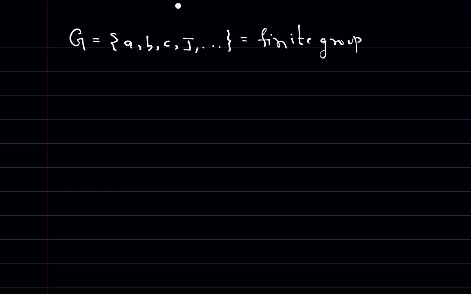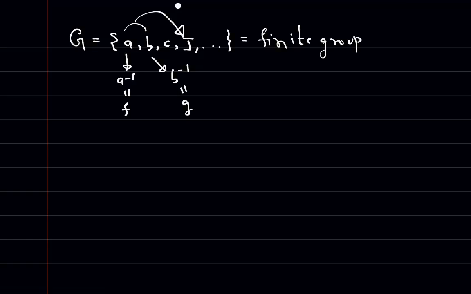A group is a set whose elements behave in a particular way. For example, if we multiply any two elements, we reach a third element somewhere in the group, and the group also contains their inverses. A must have an inverse A inverse, which is also contained in the group, and it can be some element F. B can have an inverse of its own, some element G, and so on.